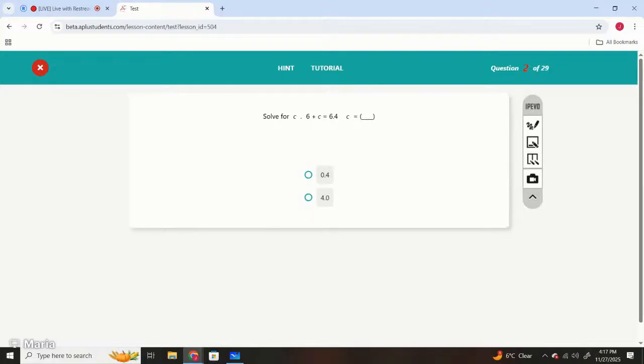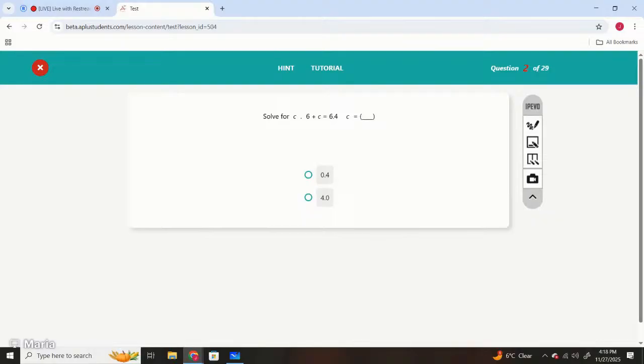Option number 1 is the correct option. 6 plus c equals 6.4.